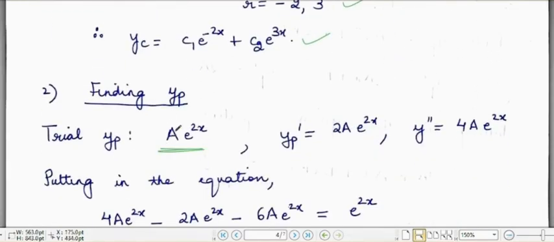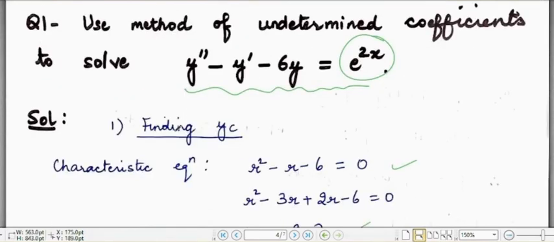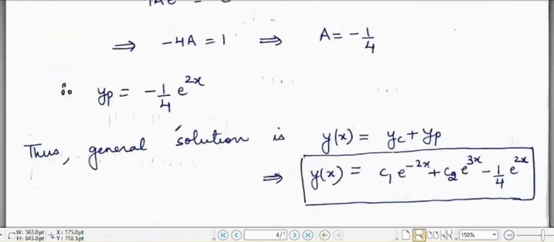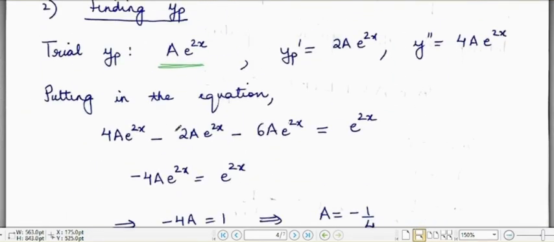If that's your trial yp, look at the equation. The equation is y double dash minus y dash minus 6y equal to e to power 2x. This is the given differential equation. If this is your trial yp and you are claiming that this is a particular solution, it should satisfy.